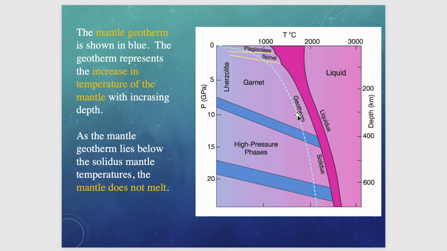So as a consequence of that, you tend to have a variety of phases. At low pressures, you tend to have plagioclase and spinel that will crystallize more easily because they are more stable at lower pressures.